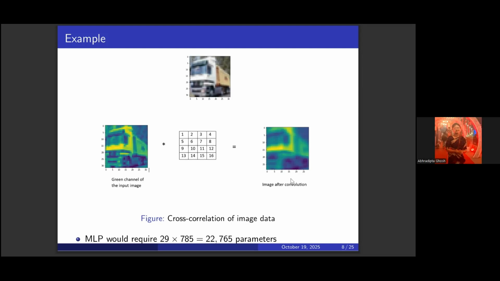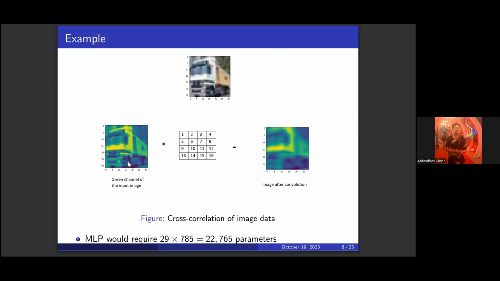Can you repeat the size of the input image? This input image is 32 by 32. So it's 24 by 24. Because it's nh minus kh, kernel size.